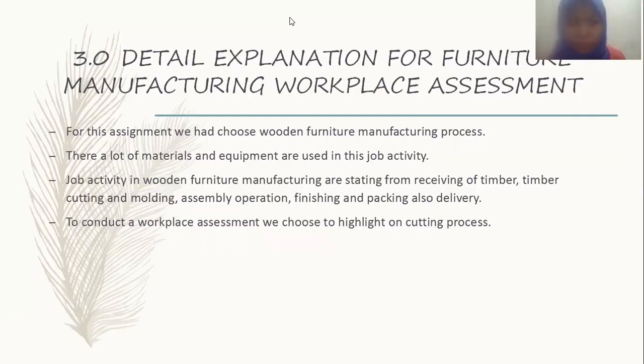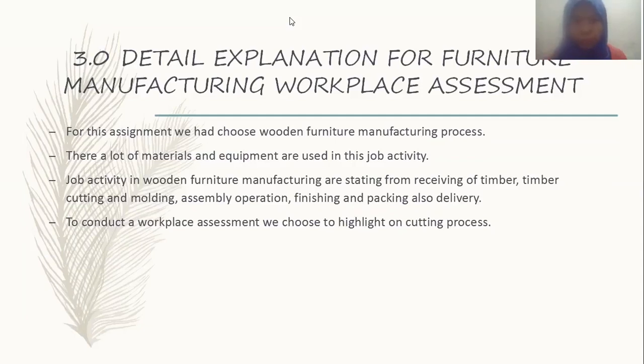For a detailed explanation of the furniture manufacturing workplace assessment, in this assignment we have chosen the wooden furniture manufacturing process. There are a lot of materials and equipment used in this job activity.